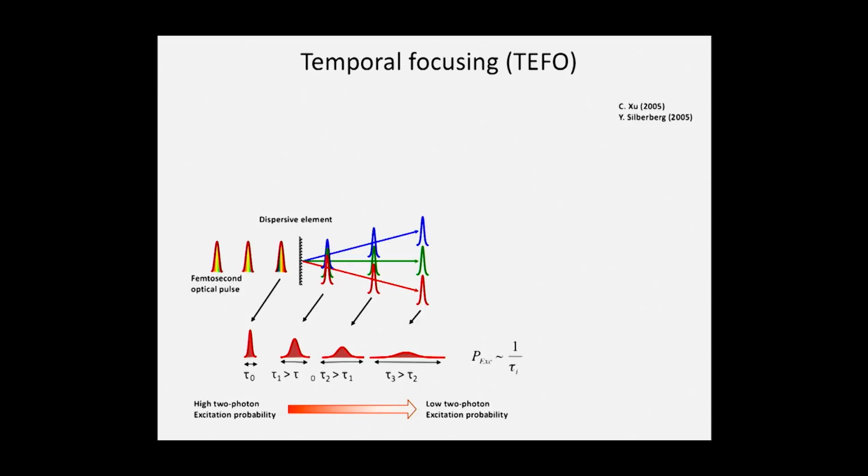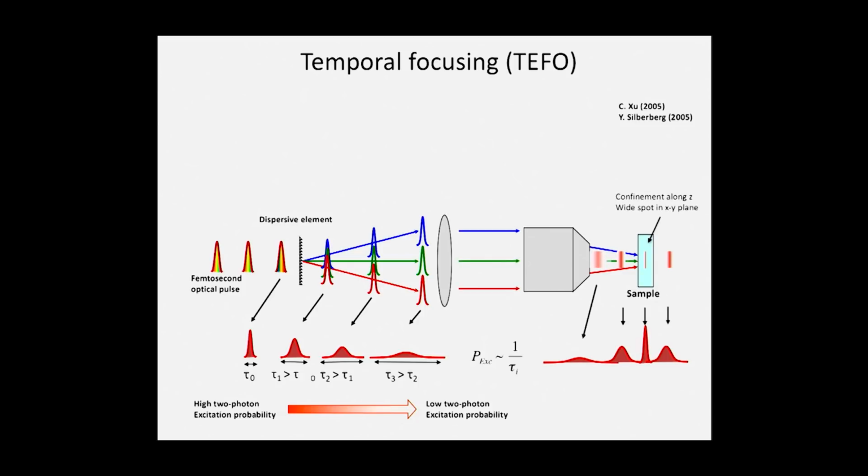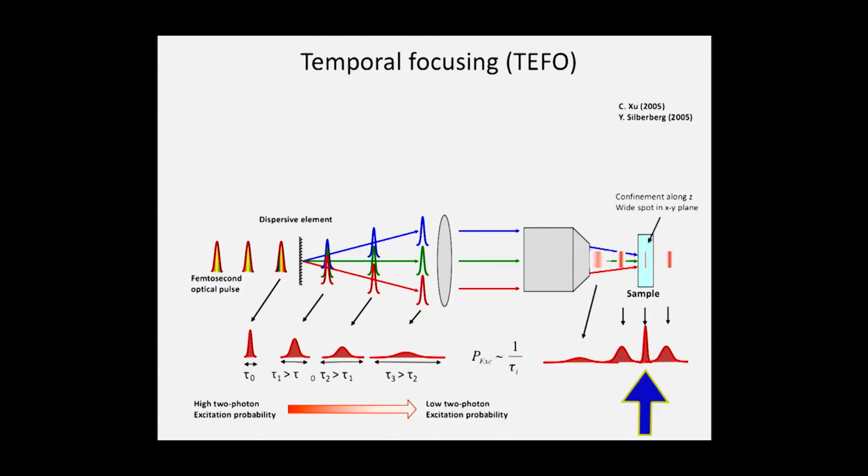Now we reverse the process by using a telescope consisting of a lens and our microscope objective. What that telescope does is form an image, here in the sample, of our originally short pulse on the grating. What that means is that there will be only one plane in the axial location where all these spectral components will again be co-localized both in time and space, leading to a high-energy pulse that is very effective in exciting the molecules.